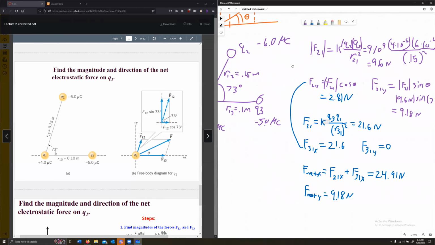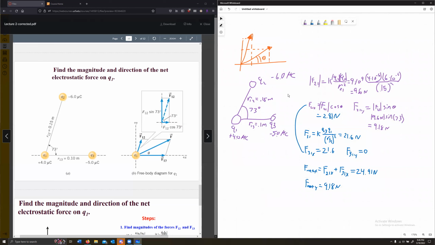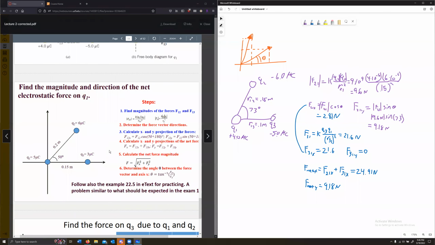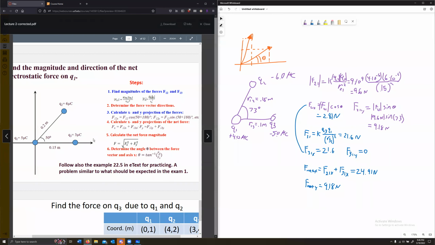All right. This one is a bit more complicated. It's just Physics 1 kinematics with this ugly formula. You see he does it here in this example, where you're trying to find the magnitude on Q1, and then you calculate the net force.